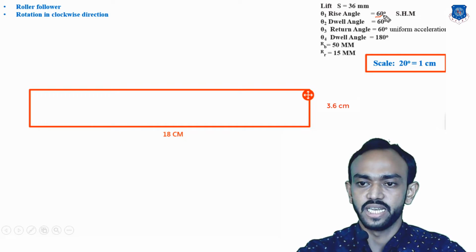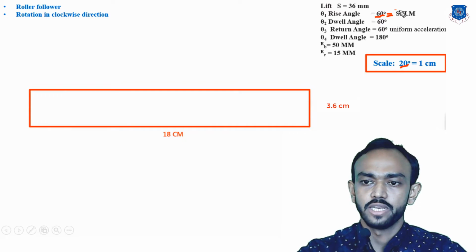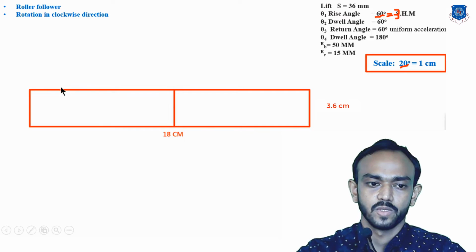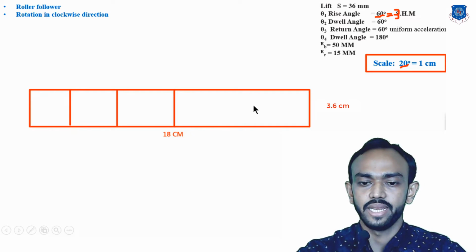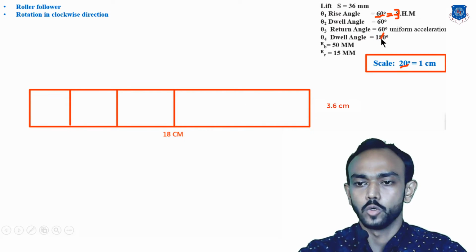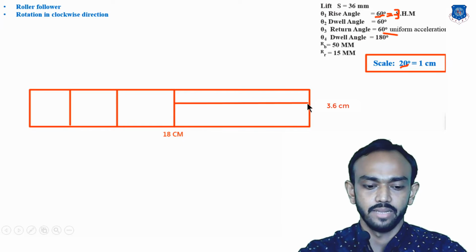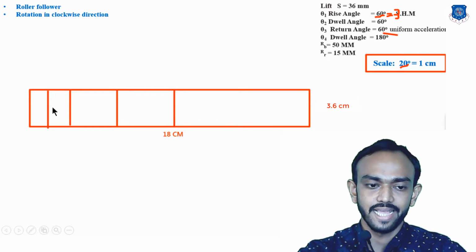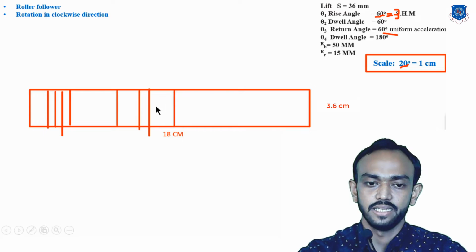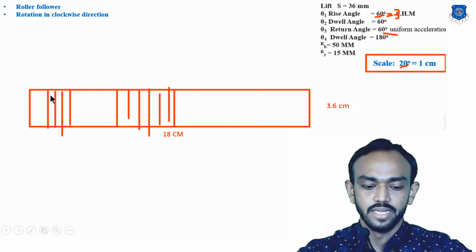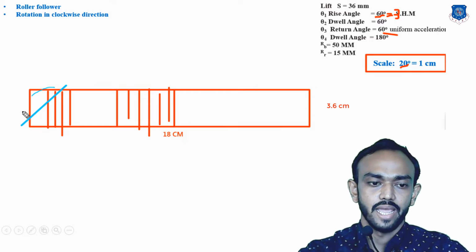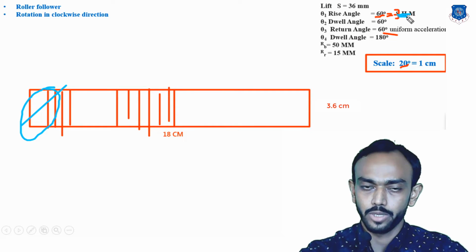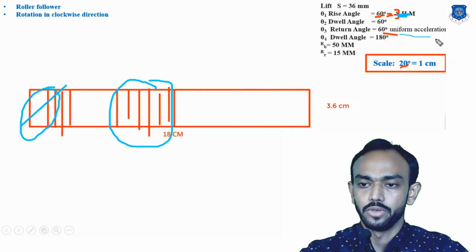You know that 60 divided by 20 degree will give you 3, so 3 centimeter, 3 centimeter. So rise, dwell, return, and the remaining 180 is equal to 9 centimeter. So this will be 9 centimeter. After that, divide the rise and return in 6 parts and make the displacement diagram here as per simple harmonic motion, and in the return there will be uniform acceleration.